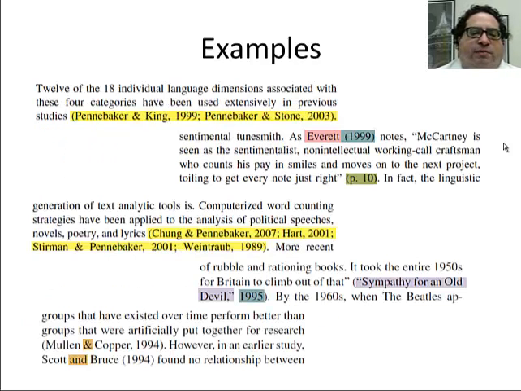Here we've got a few more examples. That first citation uses 2 sources, Penbaker and King, 1999, and Penbaker and Stone, 2003. So this one citation is talking about 2 different information sources. Everett, that's the author's name in the narrative, 1999, that's the publication date.